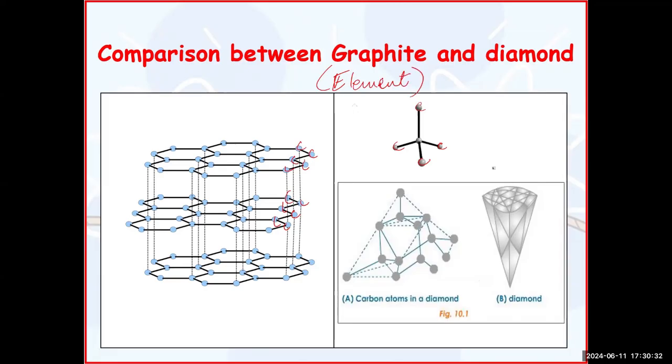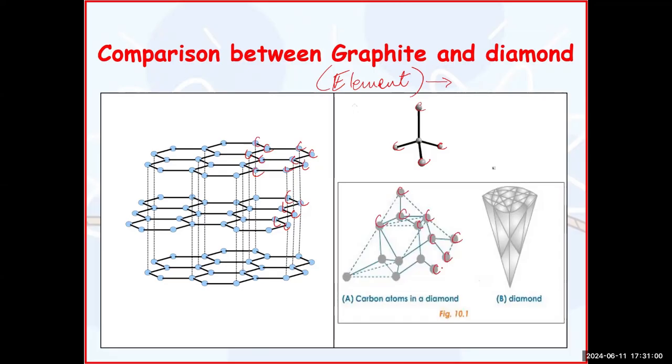Element means when all the atoms are of the same type. Please note it down. It's an important definition. An element is a pure substance that is made up of the same type of atoms. All atoms are same. So when I say carbon, carbon, carbon, that's an element. All atoms are carbon.